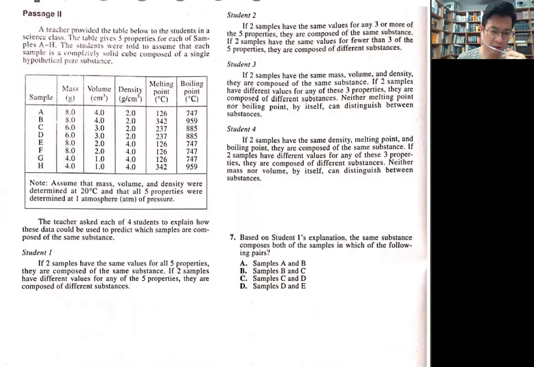Based on student 1's explanation, the same substance composed both samples in which of the following pairs? I have to read this entire thing. Students are provided five properties of each sample, and each solid cube is composed of a single hypothetical pure substance.